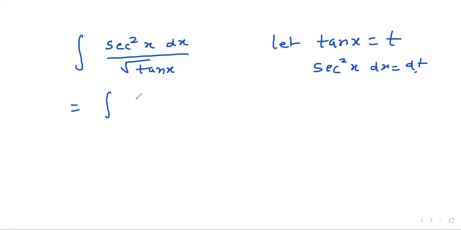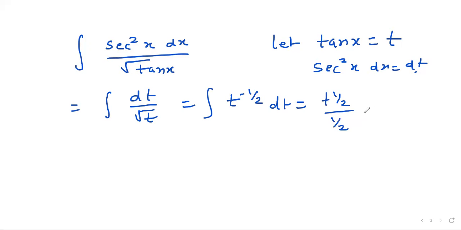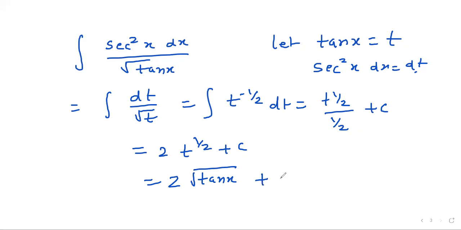So this will become dt upon root t, or integration t power minus half dt, which will become t power half divided by half plus c, which further becomes twice of t power half plus c, or twice of t is tan x, and the power half means root, plus c.